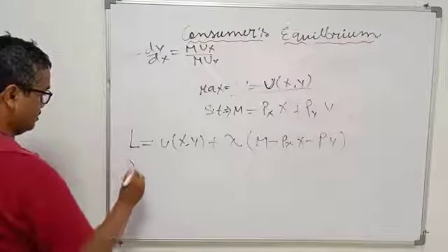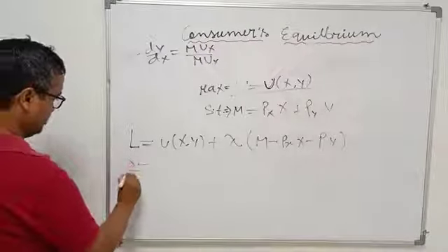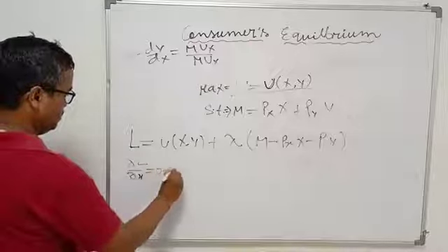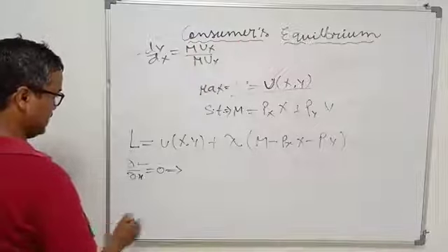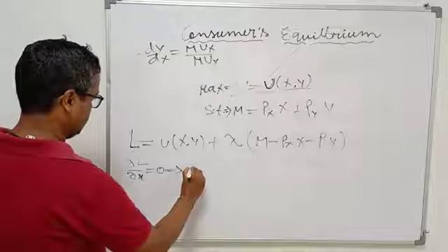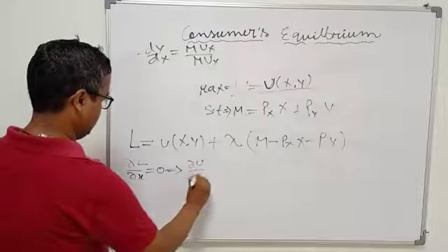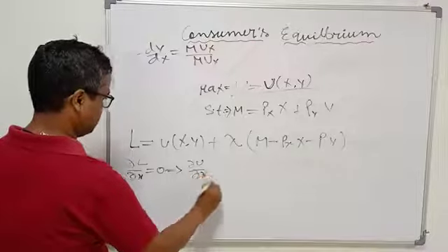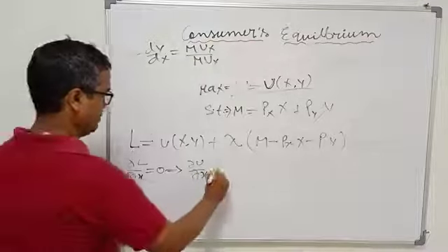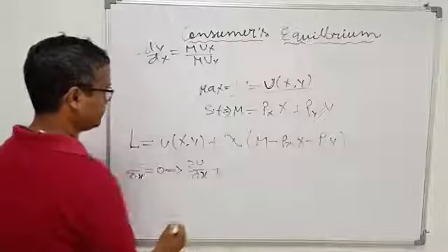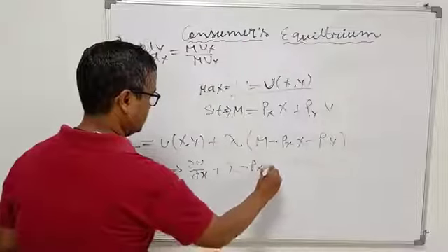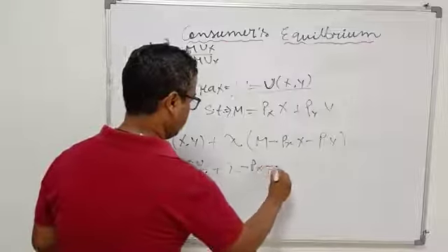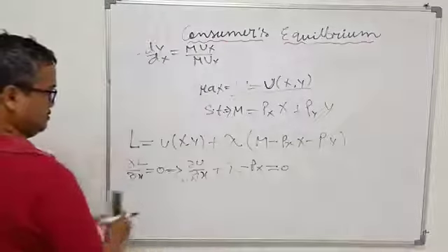Your first order condition will become del L by del x equal to 0. Then what will we get? Here we will get del u by del x plus lambda minus px equal to 0.